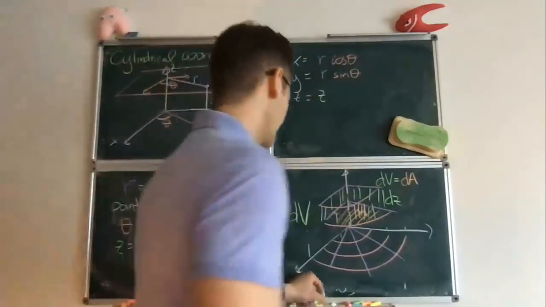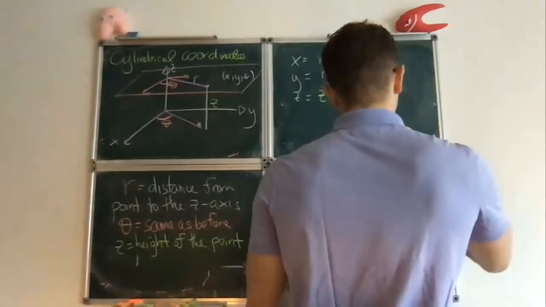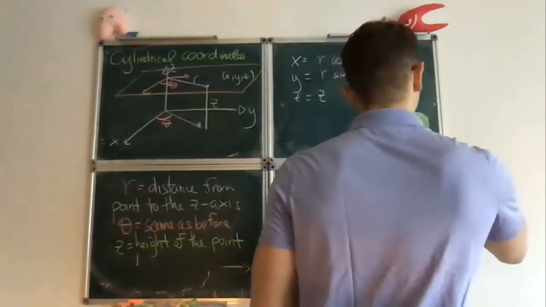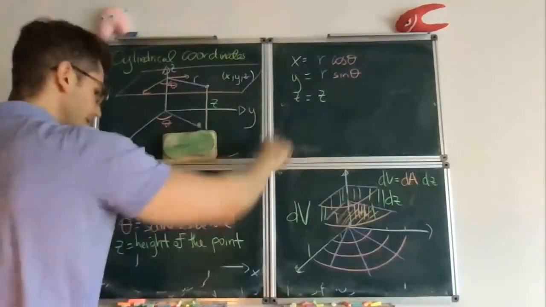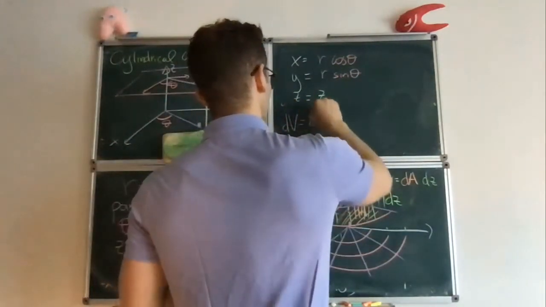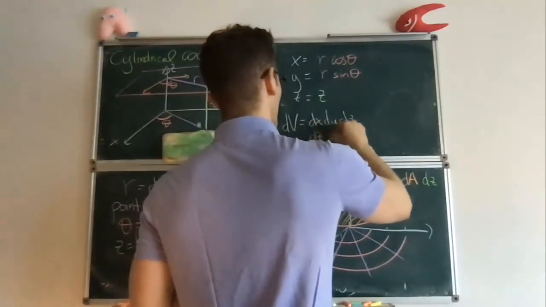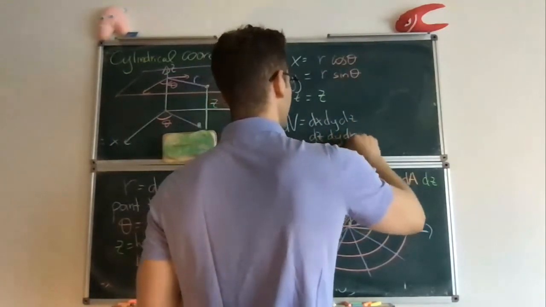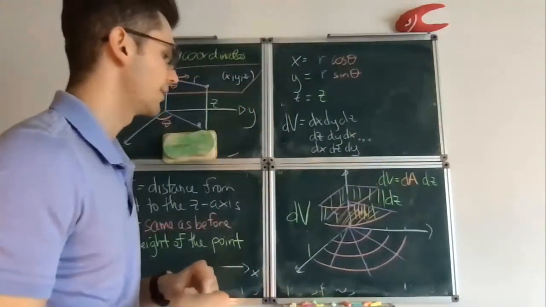So basically what I'm trying to say is that before, the volume element in Cartesian coordinates was like dx dy dz, or maybe dz dy dx, dx dz dy, etc. There were six options that we had done if you go back to one of the previous videos.